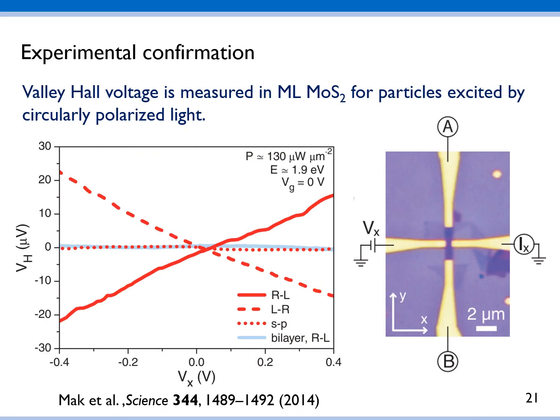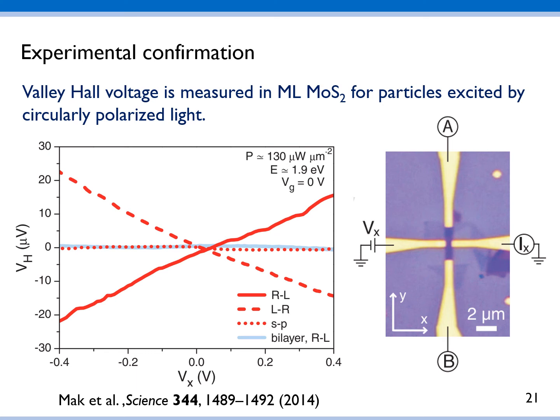Researchers also measured the valley Hall voltage in molybdenum disulfide monolayers. As you remember, the Berry curvature induces an anomalous velocity for particles in the valleys, and this is opposite for the different valleys.